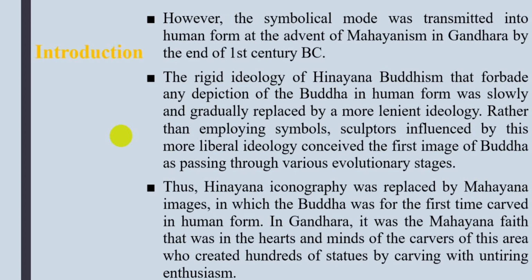Hinayana iconography was replaced by Mahayana images, in which the Buddha was for the first time carved in human form. And in Gandhara, it was the Mahayana faith that was in the hearts and minds of the carvers of this area, who created hundreds of statues by carving with untiring enthusiasm.